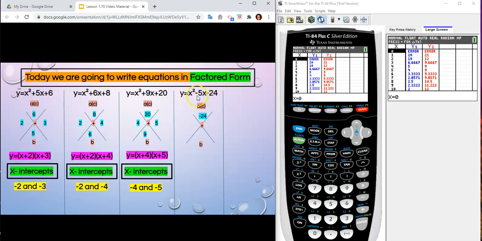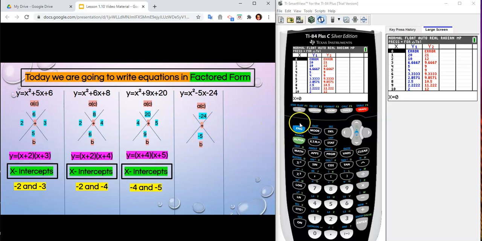And of course, our B term is just -5, so I'm going to place a -5 here. So I'm looking for factors of -24 that when I add them together give me a -5.